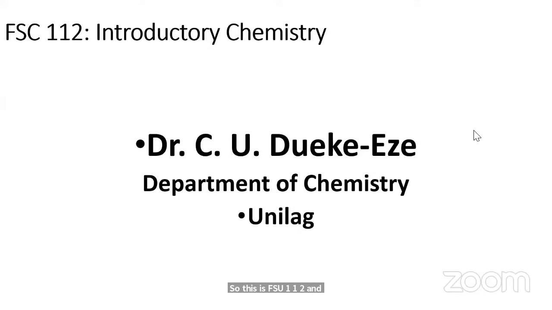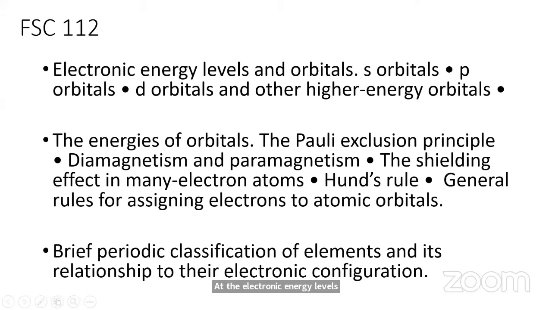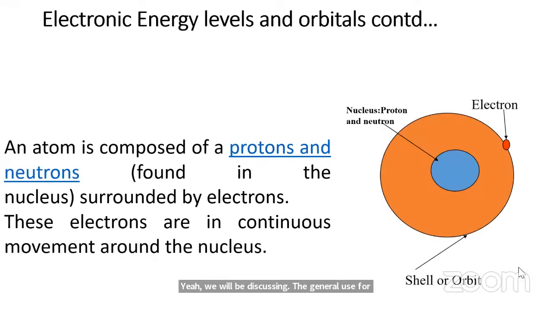I'm a chemistry lecturer and I'll be taking you on the aspects of electronic energy levels and orbitals, where we'll be discussing the general rules for assigning electrons to atomic orbitals and all of that. Because we've wasted some time, let's just go straight to today's class.